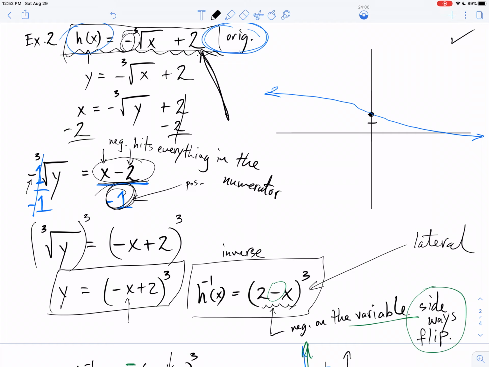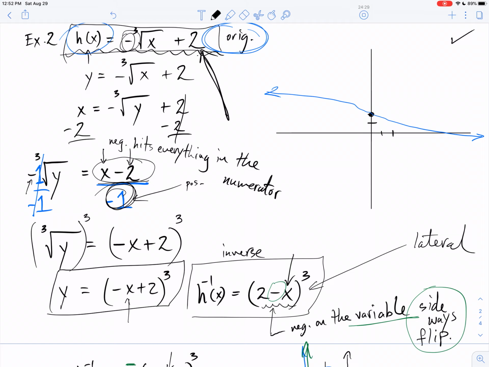But lateral motion is always inside parentheses, and how do you know which way it's going? You set it equal to 0 in your head. What magic number would I have to put here to make the inside of that parentheses 0? The answer would be 2. So I'm going to go 2 units to the right.